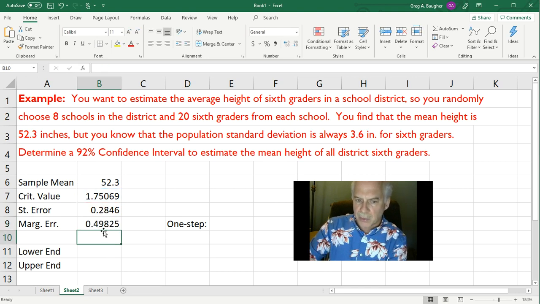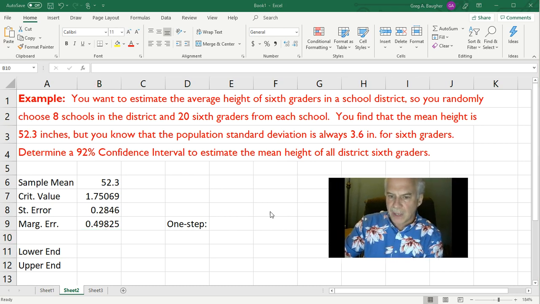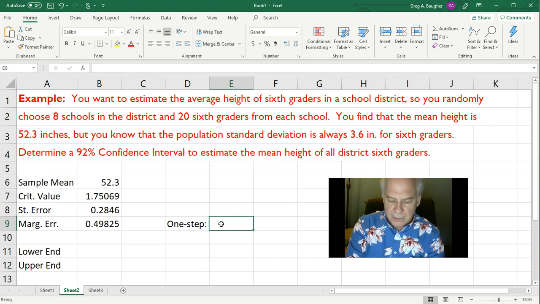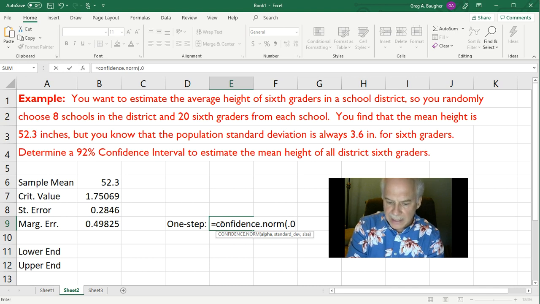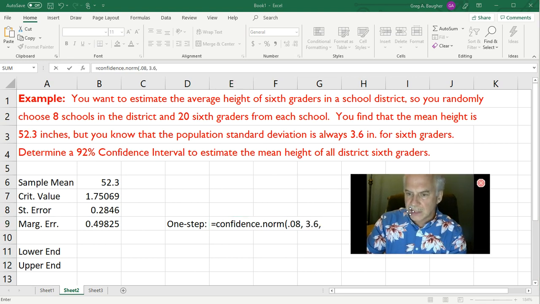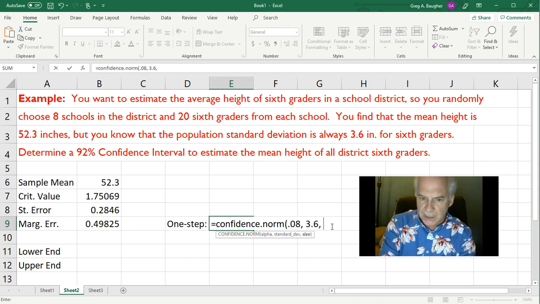So margin of error is 0.49825. Now the one-step method for finding the margin of error is what I showed you on the last slide. It's a command called confidence. So go equals confidence.norm, parentheses, and then you give the alpha level, which was 0.08, and then you give the standard deviation, which was 3.6, and then you give the size of the sample, which again was 160.